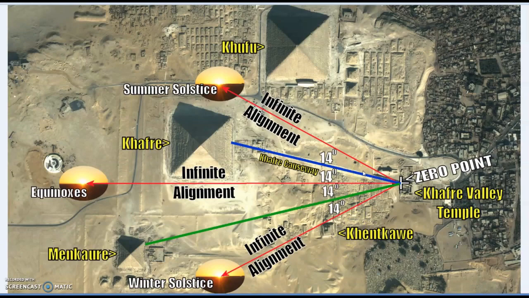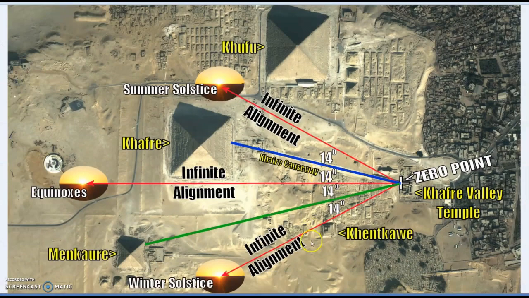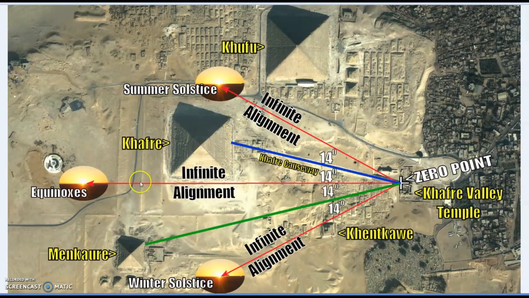Now, I'll try to remember to go back and correct it, because again we have, for instance, the Khafre Causeway is 14 degrees off east-west, and that's the same 14 degrees that will touch the corner of Menkaure's, again the midpoints between the equinox, east-west, and the winter solstice or the summer solstice.